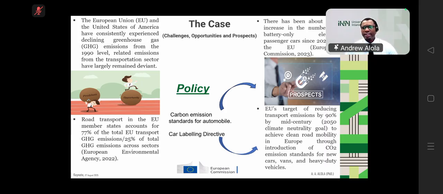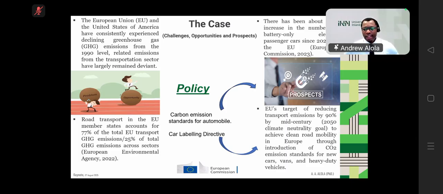Currently, it is reported that we have about a 75% increase in the number of battery-only electric cars. So there has been some kind of scale-up penetration of the use of EV cars. So in the EU, in the year 2020 alone, it was recorded that there was a 70% increase in that.